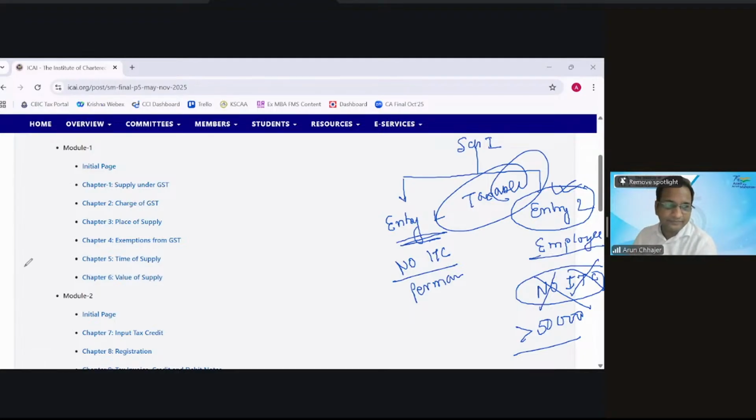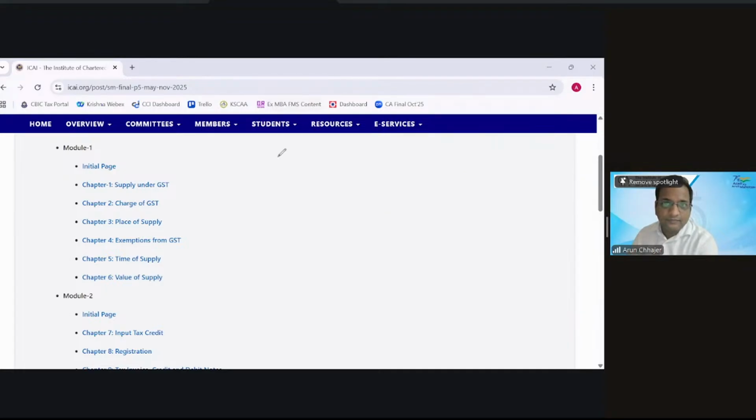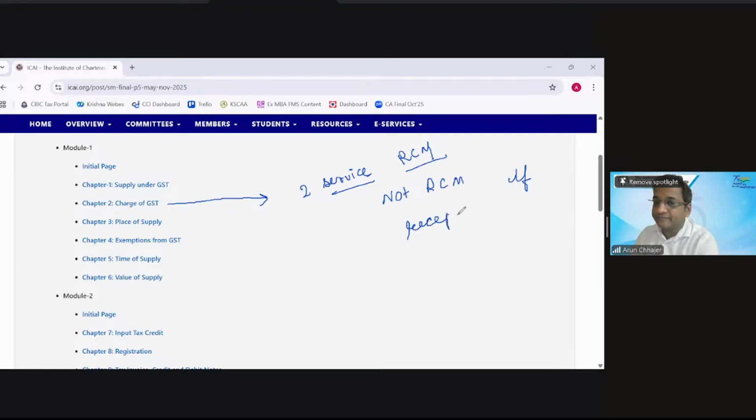Okay. Tell me the name of the two services which are under RCM, which will not be covered under RCM if the recipient is a composition dealer.